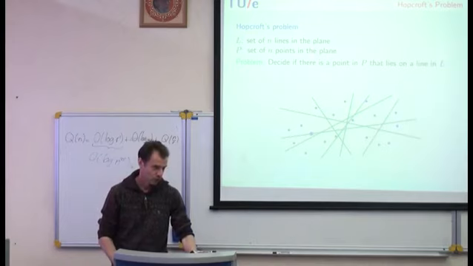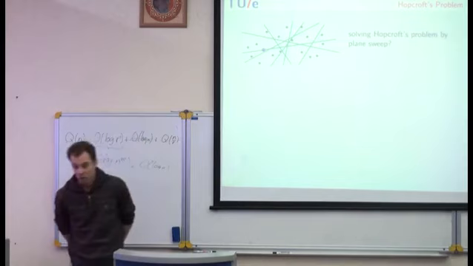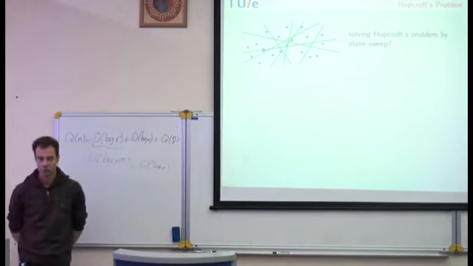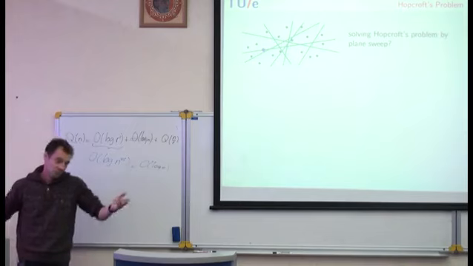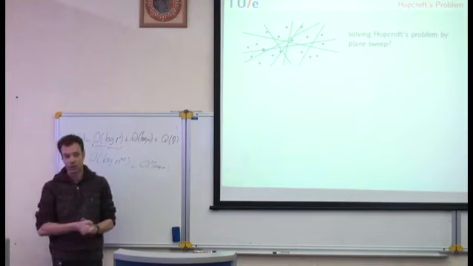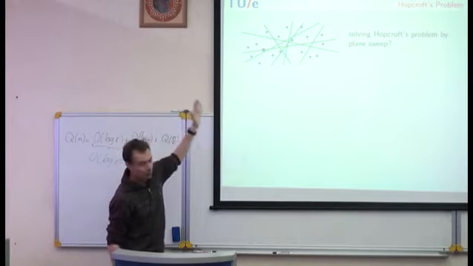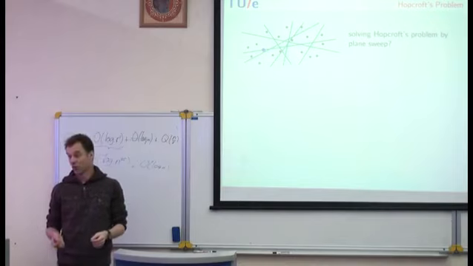So how would you solve it? Well, you can do a plane sweep. What will be the running time if you do a plane sweep? N squared log n, right? Because when you do the plane sweep, at every point you're going to spend log n time probably.